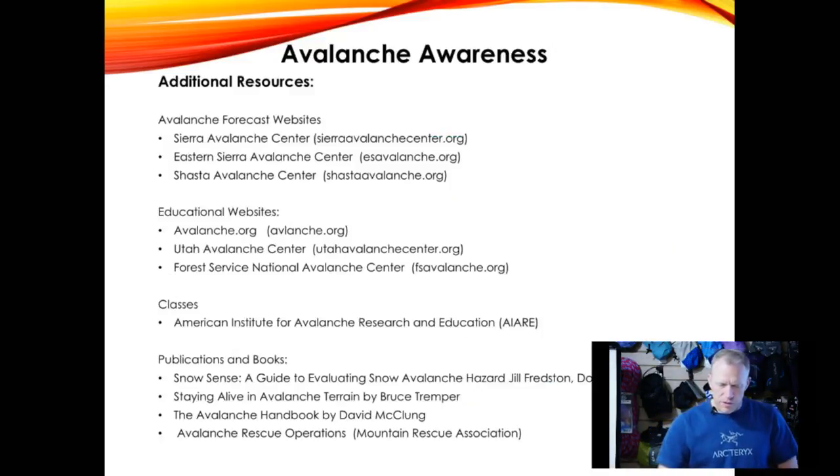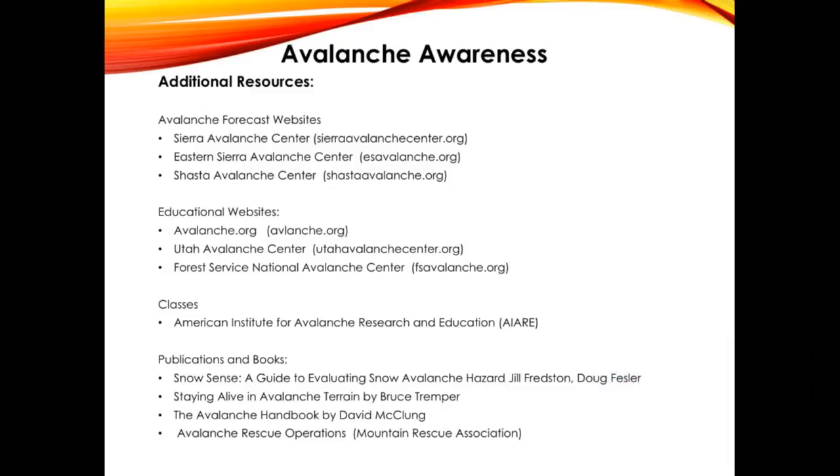I have a couple additional resources for you to look at tonight. Here are the avalanche forecast websites: SierraAvalancheCenter.org. The Eastern Sierra Avalanche Center and the Shasta Avalanche Center are also great places to look up information for those particular areas. There's many different websites, of which the Forest Service is a great one. Another would be the American Institute for Avalanche Research and Education, which is AIRE.